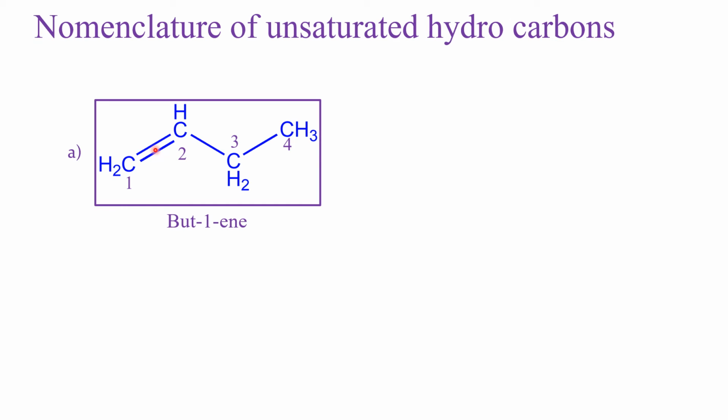As the double bond started from the first carbon, and the total number of carbons is 4, the name of this molecule will be but-1-ene. But stands for the total number of carbons 4, whereas 1-ene stands for the double bond which started from the first position.